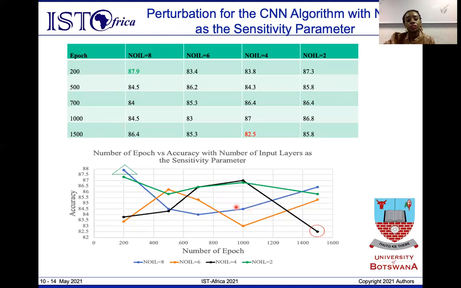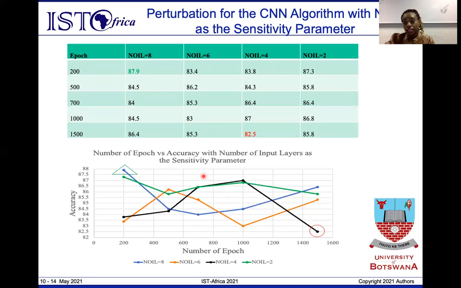And when we perturbed the number of epochs versus accuracy, the highest accuracy was attained when the epoch was 200 and the input layer was 8. Its accuracy is 87.9.